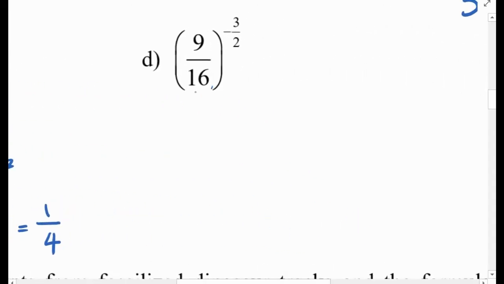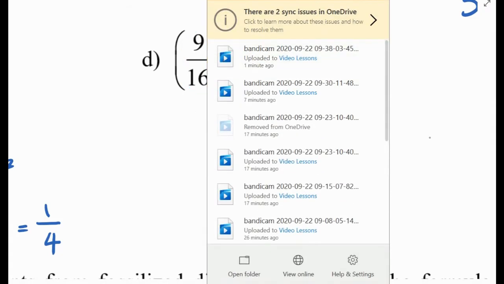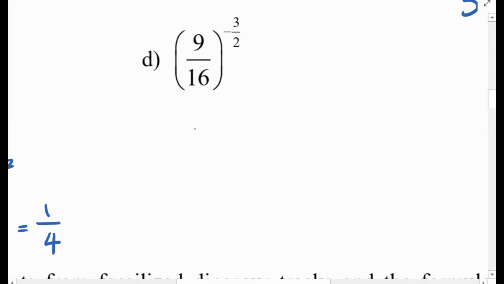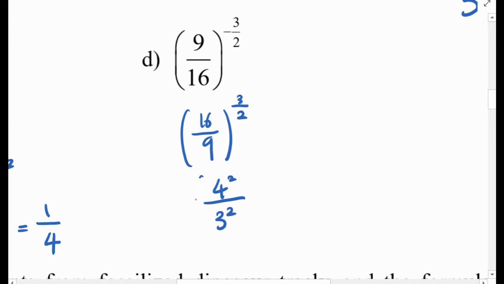Next, again, it's 9 over 16. So you can flip the base, 16 over 9, and make the exponent positive. And everyone, 16 is 4 squared. 9 is 3 squared. Then 3 over 2.